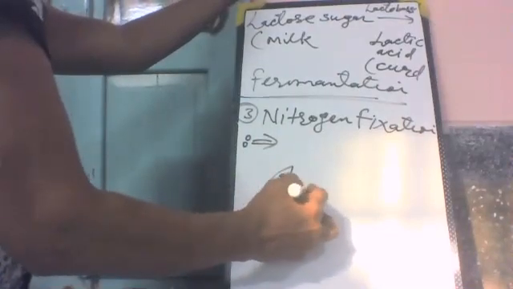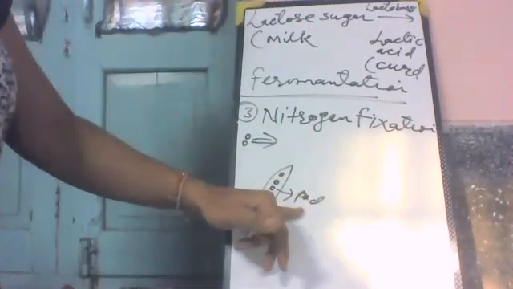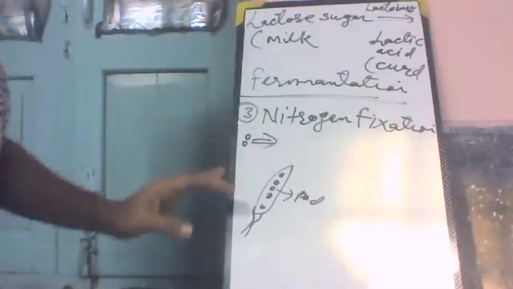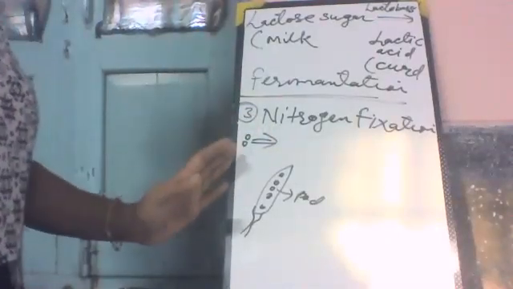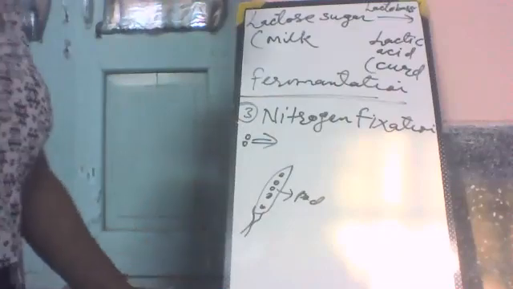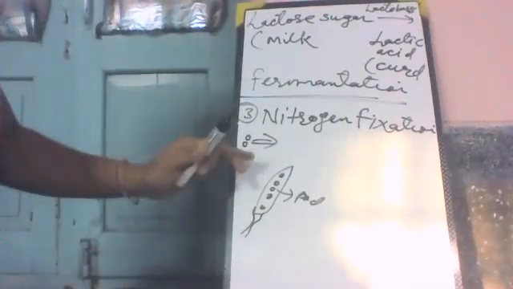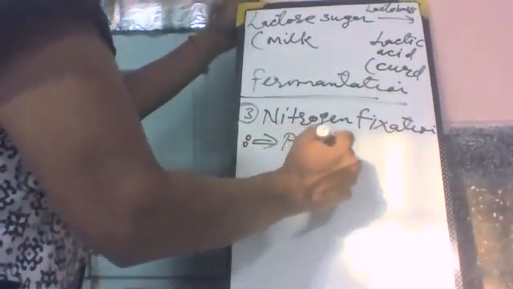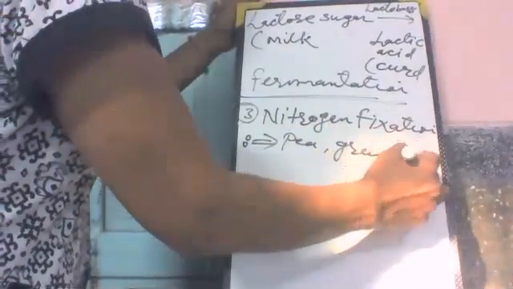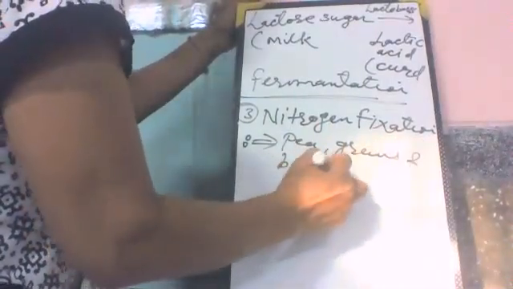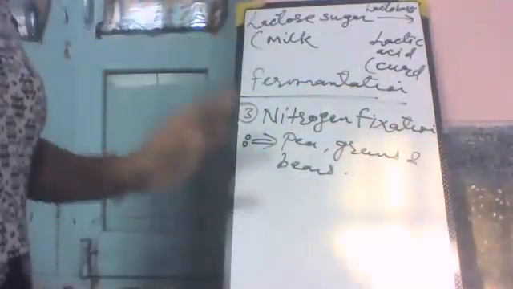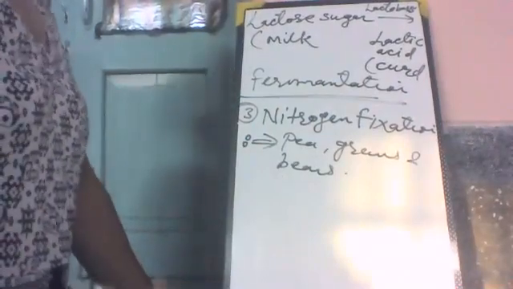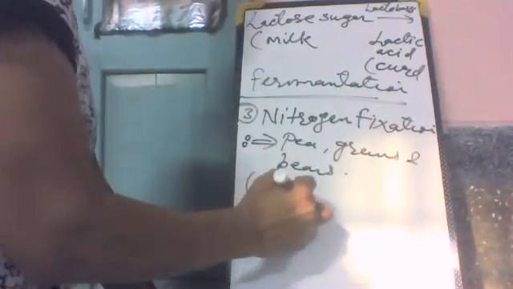In the form of this pod, this type of crops are known as leguminous crops or leguminous plants, like pea, gram, and beans.